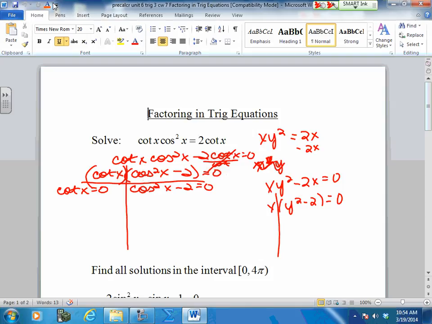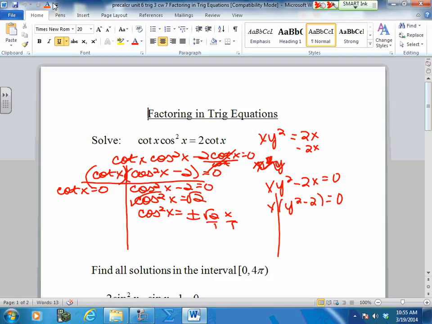Let's work on your cosine for a second. So we're going to solve this one. Add 2. And take the square root. You get a plus or minus radical 2. Now, cosine is x over r.